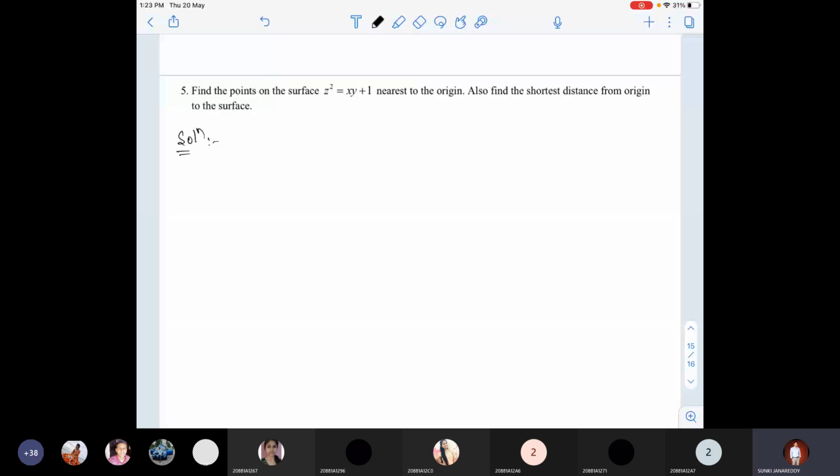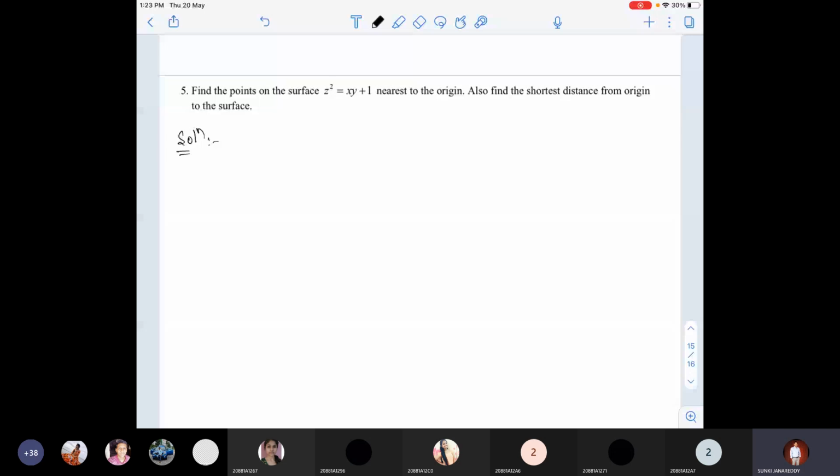Here what is given, Nana? First, what is the given equation? Is it a function or a relation? Relation is given, sir.